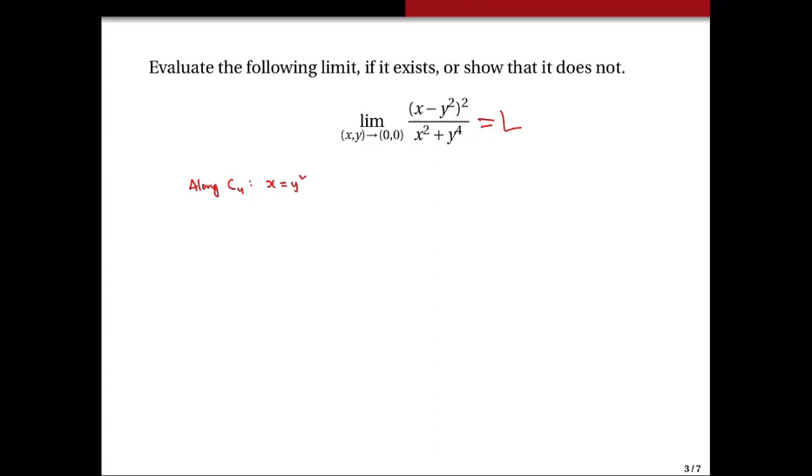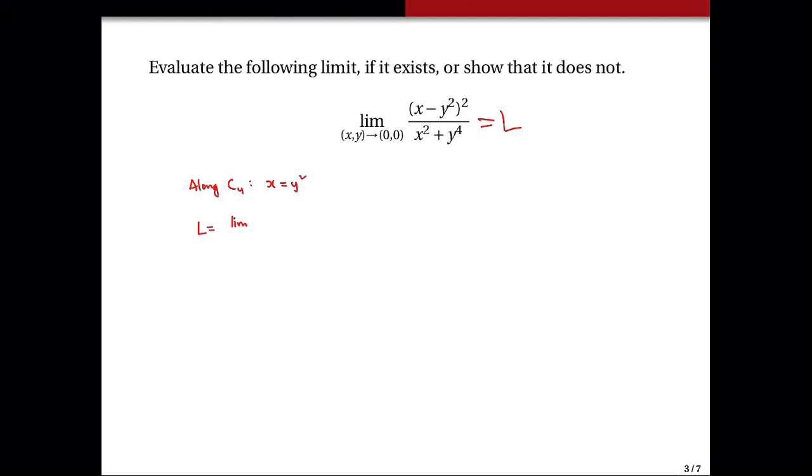So for any point a, b satisfying x equals y squared, you have ordered pairs a, b on this curve, then a will be equal to b squared, okay?